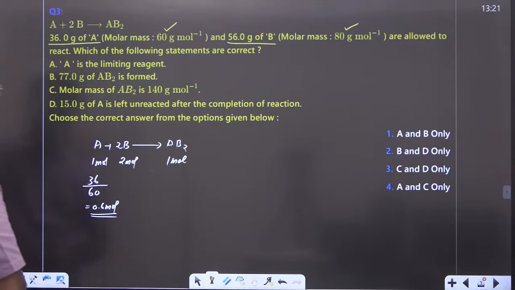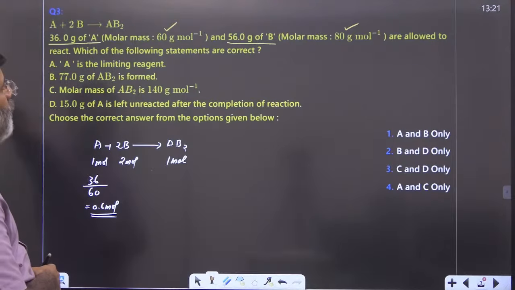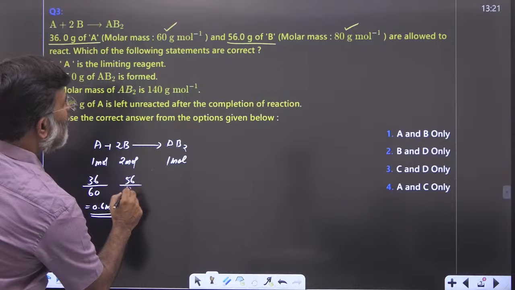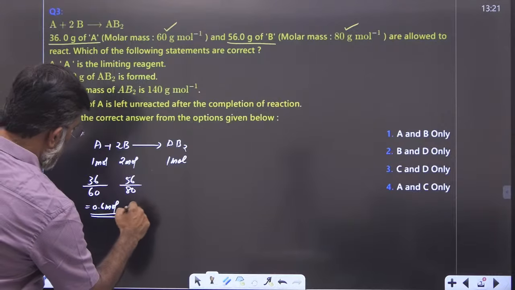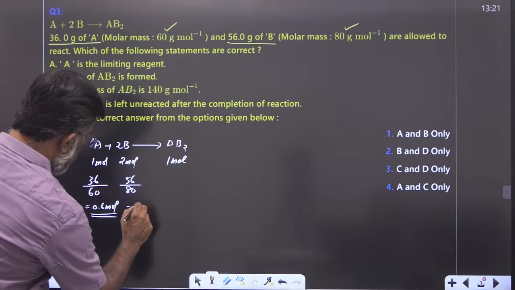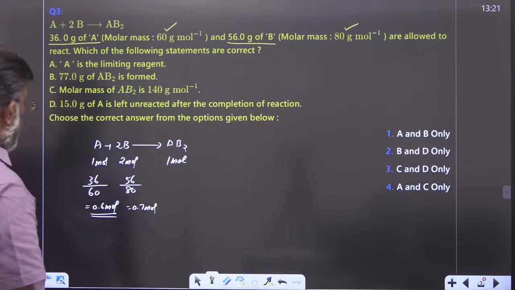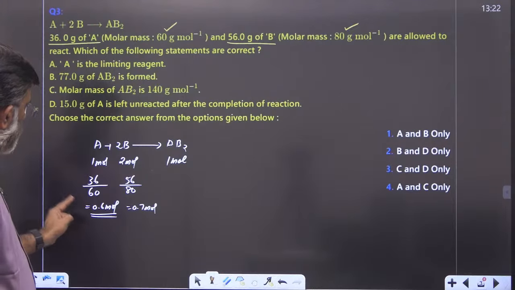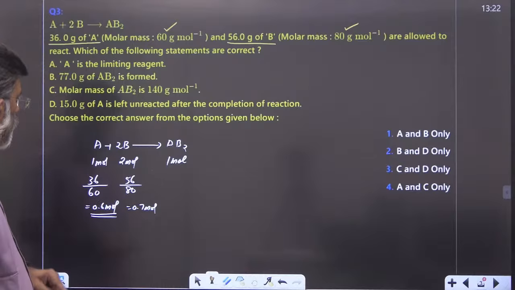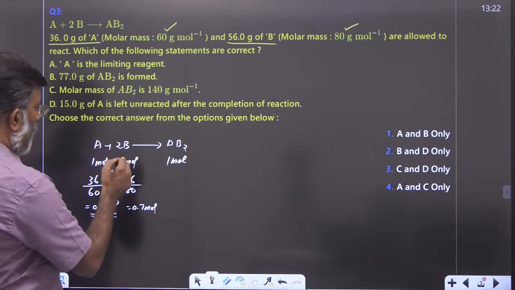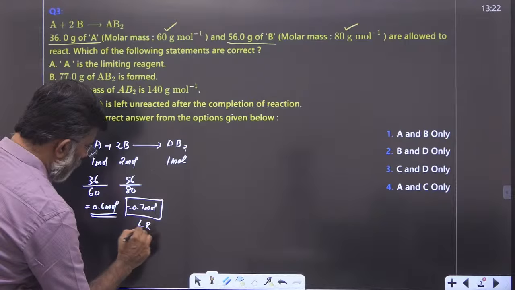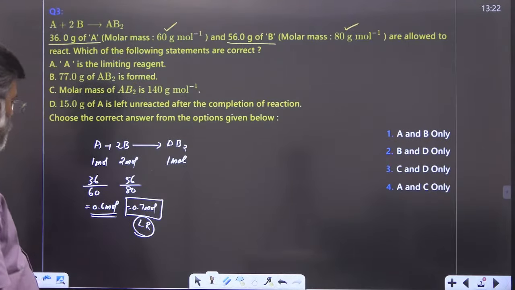Okay. ഇനി B തന്നിരിക്കുന്നത് 56. So it is 56 divided by 80, so it is 0.7 mol. If this is 1 mol, ഇവിടെ 2 mol വരണം. ഇവിടെ 0.6 ആണെങ്കിൽ ഇവിടെ 1.2 വരണം. So number of moles required here is 1.2, but available is 0.7.